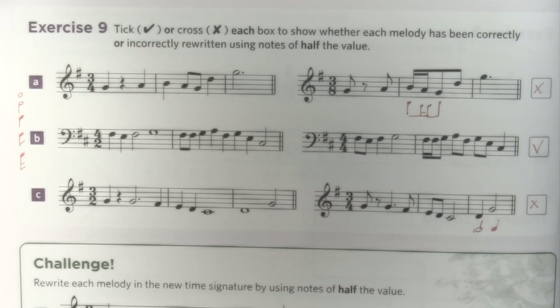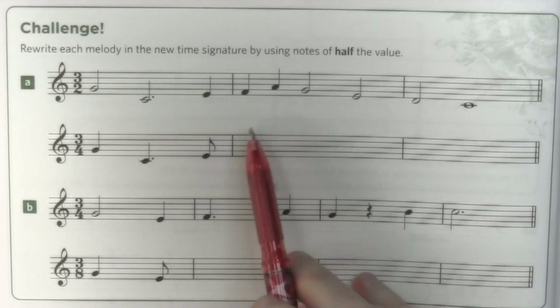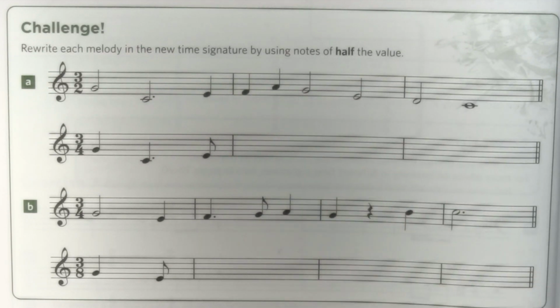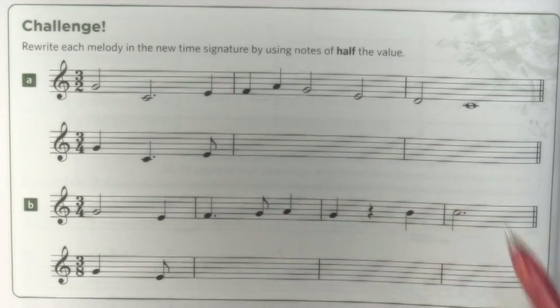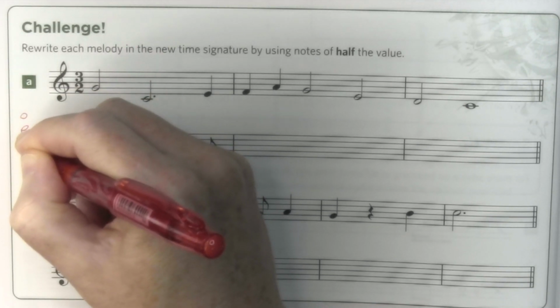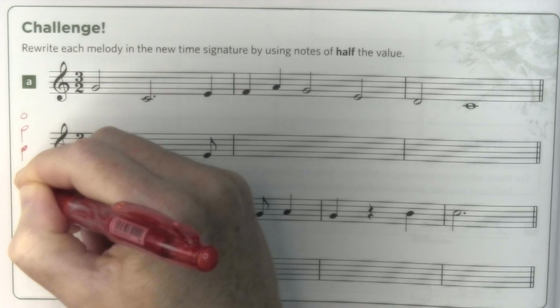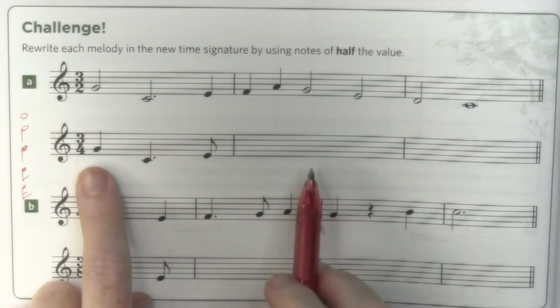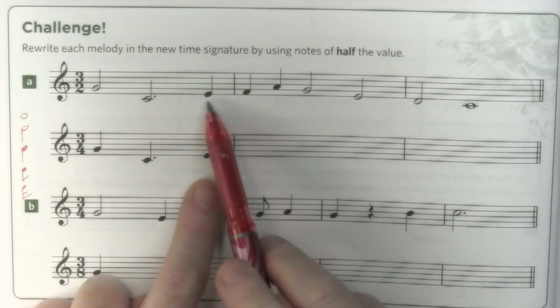Okay, let's do the challenge to finish this chapter. Here we need to rewrite the melodies, half the value, so same as we did before, but the other way around. Let's write the sequence of values because I think it is very handy. Okay, this is correct.